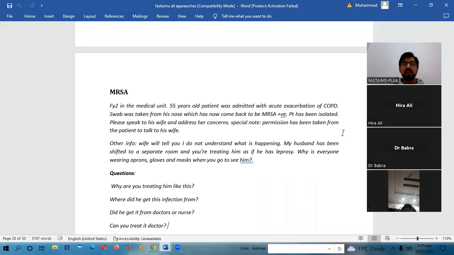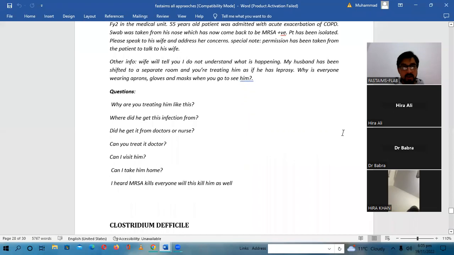Okay. And the next concern is, she is saying, why is everyone wearing gloves and masks when you visit him? You have to tell her that this is to prevent the spread of infection from one person to another person. The wife says, okay, can I visit him?